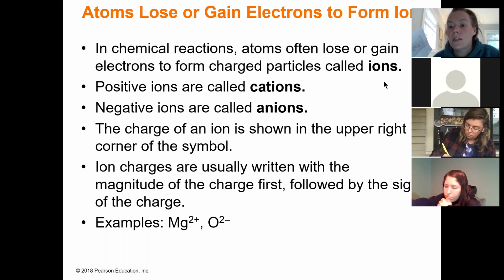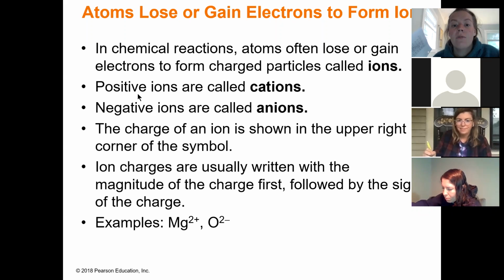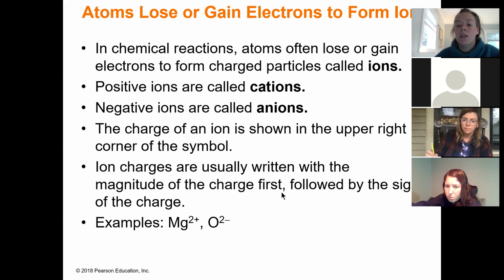An ion just means that it's a charged particle. So when you hear ionization, or, oh, I have this ion brush for my dog and it sounds super fancy, all it is is a charged particle. So we can have positive ions, which are called cations, or negative ions, which are called anions.